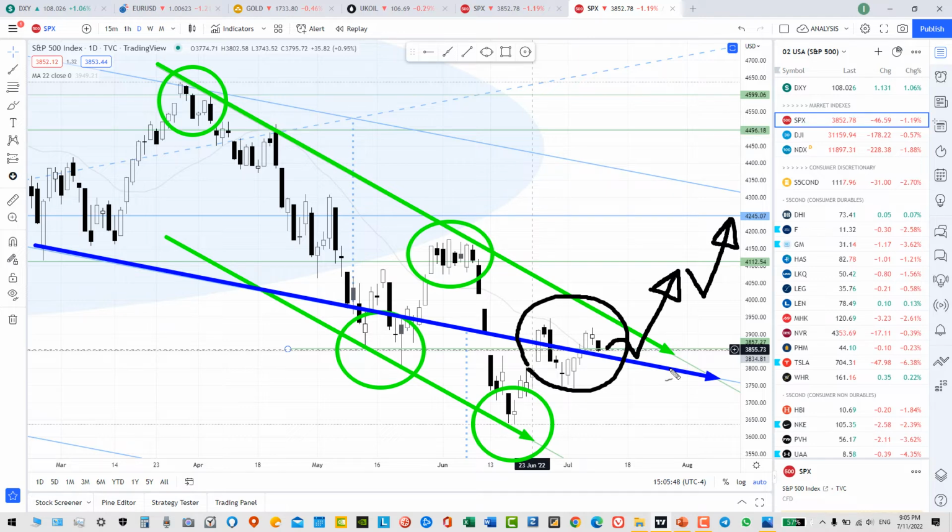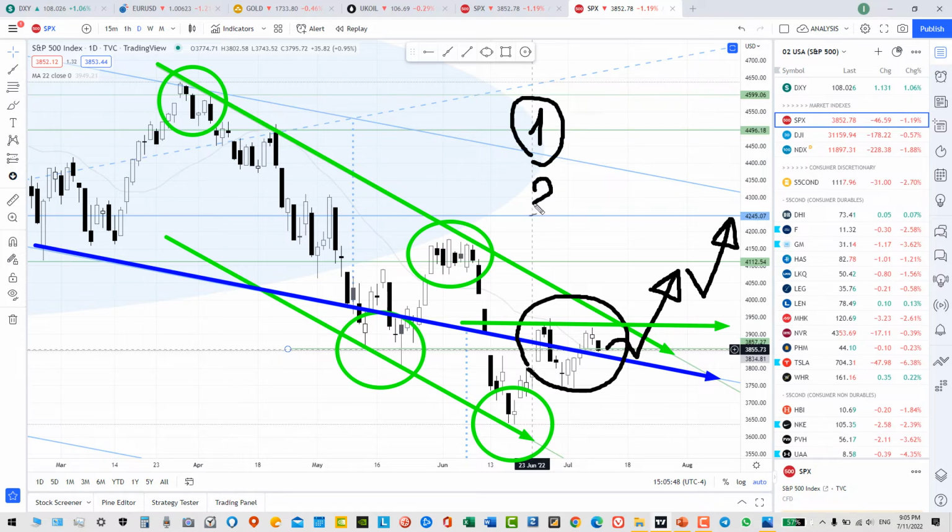lot of false signals. So in order to have a confirmed correction to the upside, the index should break above the short-term resistance. We can see around 3,925 approximately. This is the first condition that should be met.